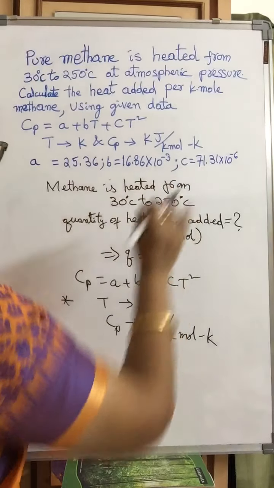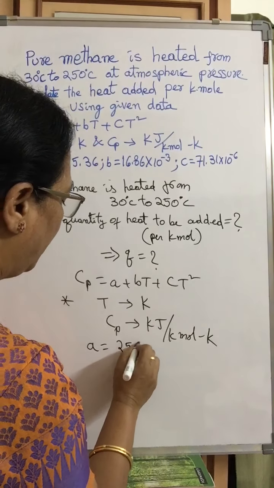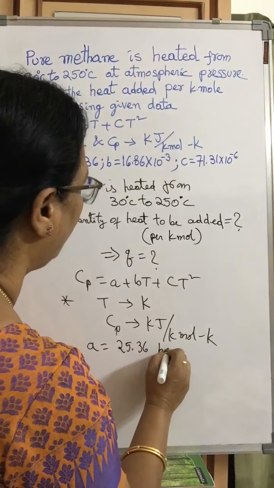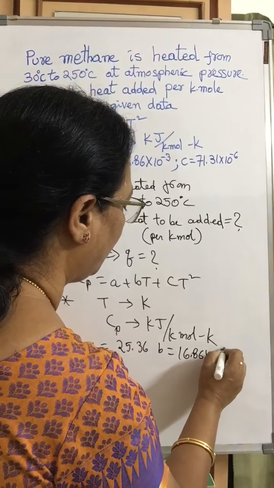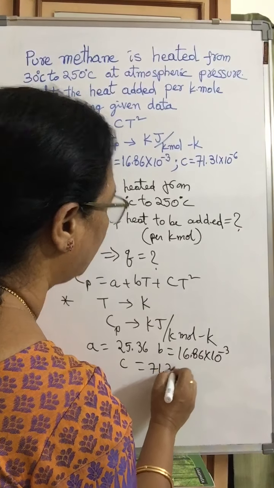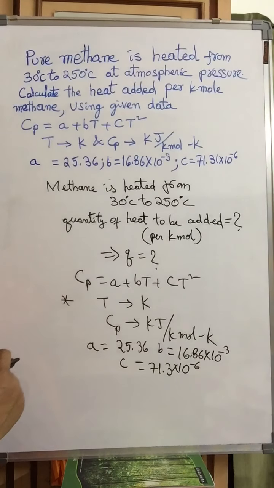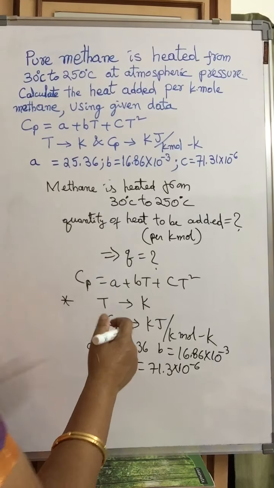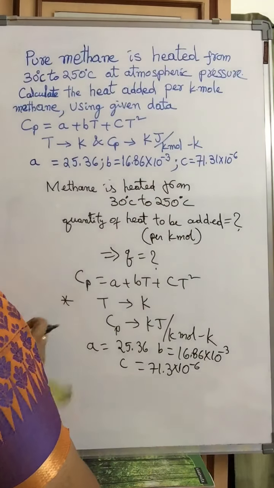Then A, B, C values are given. A is 25.36, B is 16.86 into 10 to the power of minus 3, and C is 71.3 into 10 to the power of minus 6. Okay, so we wrote all the information and also T1 and T2.